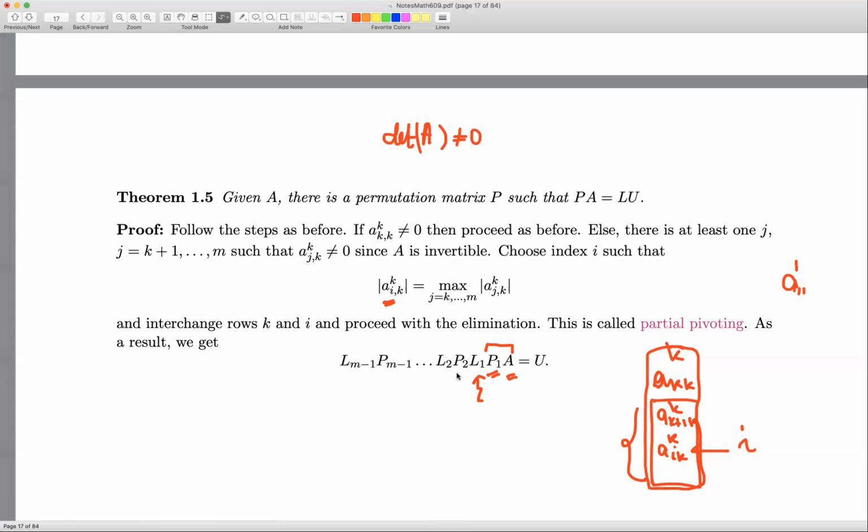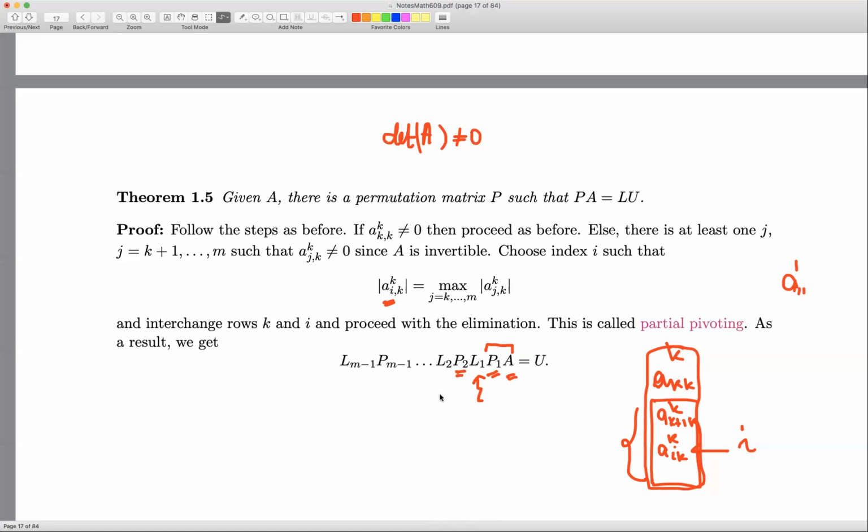How can we do that? We can do it by multiplication with the permutation matrix P2. Now, if the element is different from 0, and we do not want to do any interchanging, then we can think of P2 as just the identity, nothing changes.